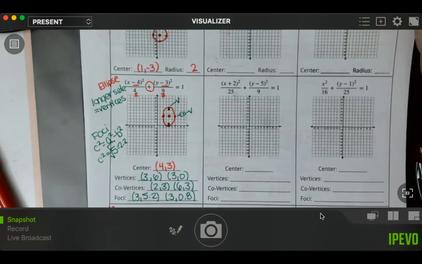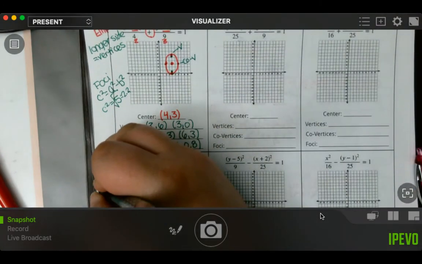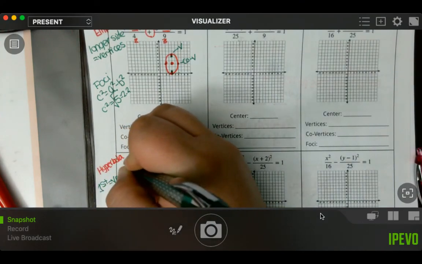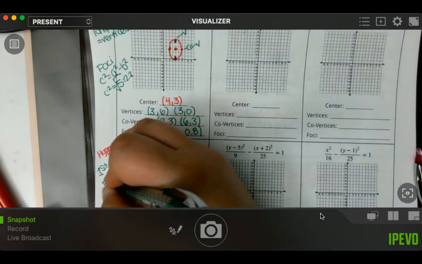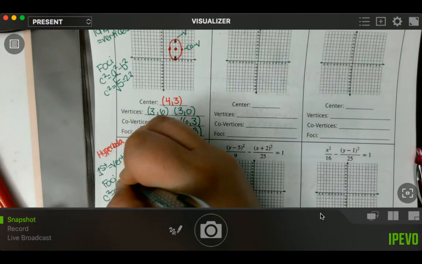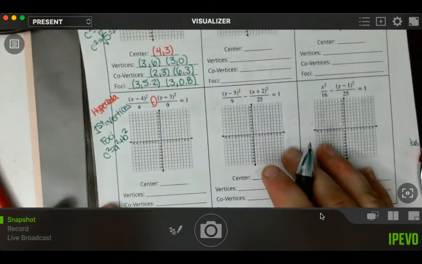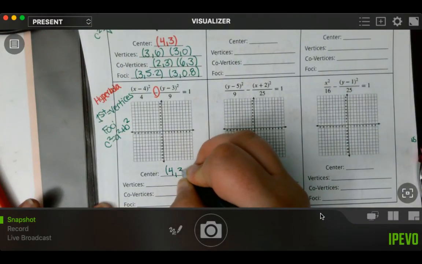On a hyperbola, same kind of setup, but the first one equals vertices. Doesn't matter which one's longer. And for this one, your foci are a squared plus b squared. Okay? So the center on this one is actually the exact same as it was up there.